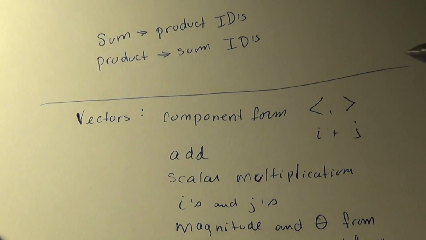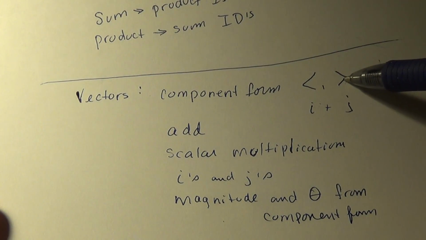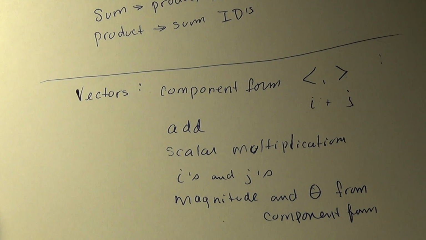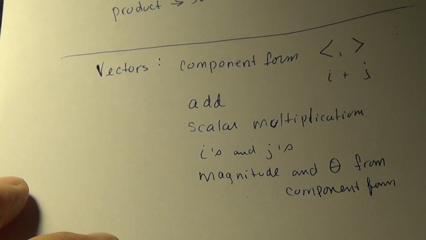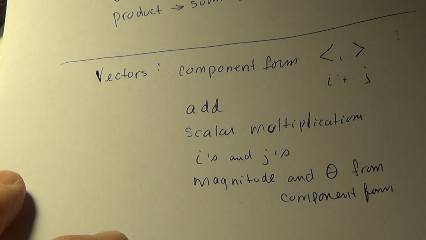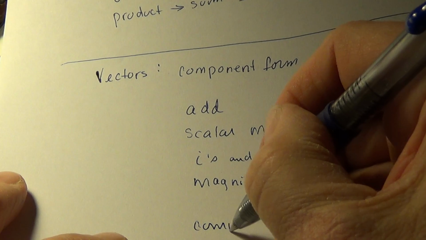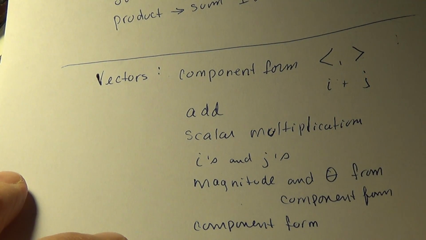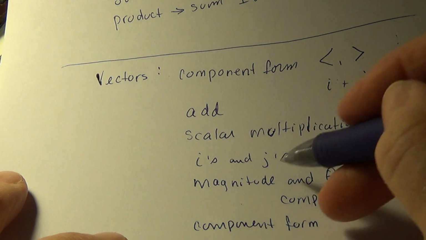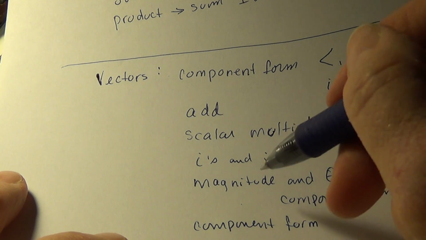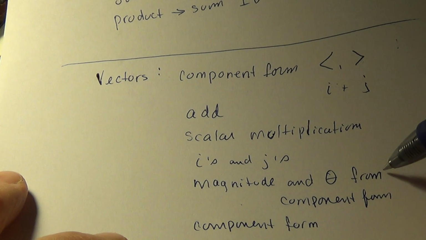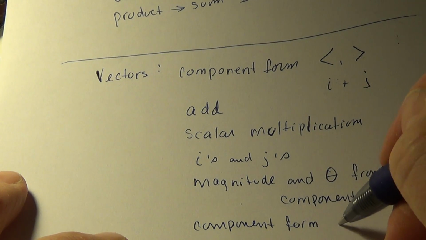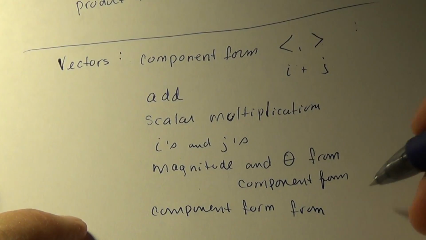So component form might look like this with the pointy parentheses or the i's and j's. Then we did it the other way. We went to magnitude and angle from component form, and we went to component form from magnitude and angle.